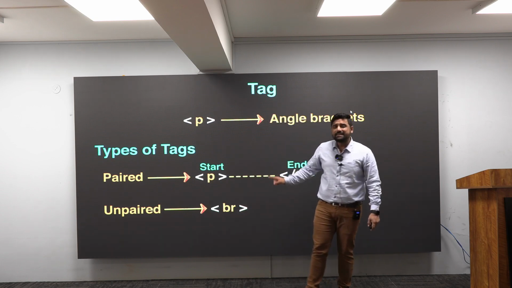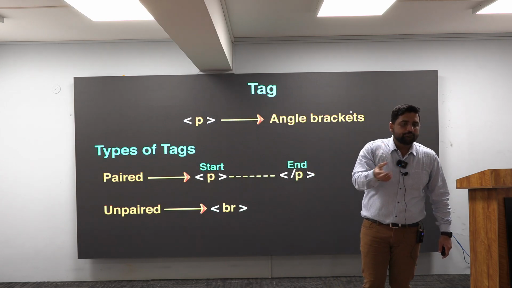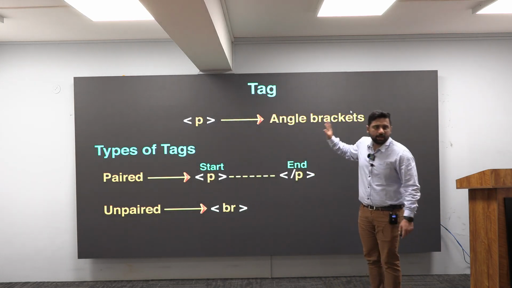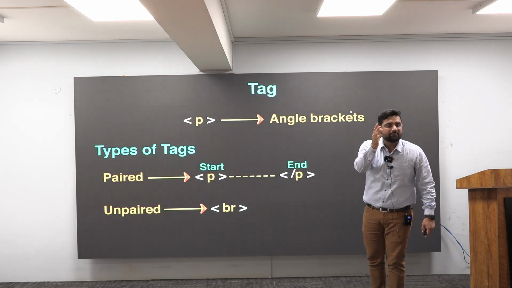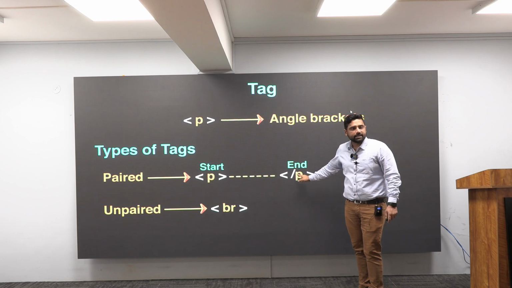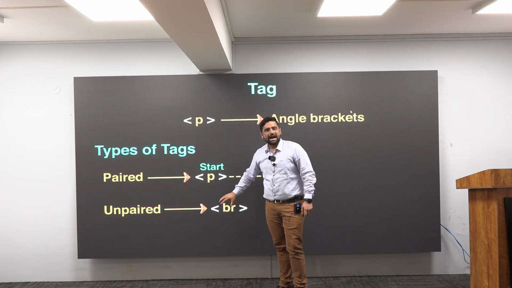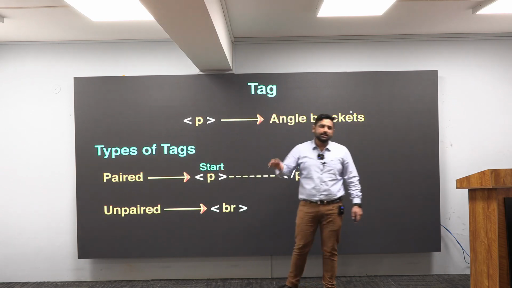But the BR tag here is your unpaired tag. And my friend, for your unpaired tag, you will not have an ending point. Am I clear? For an unpaired tag, you will not have an ending point. So just represent it like this. And how to implement all these tags, everything I will let you know.